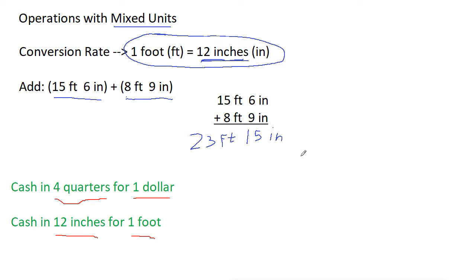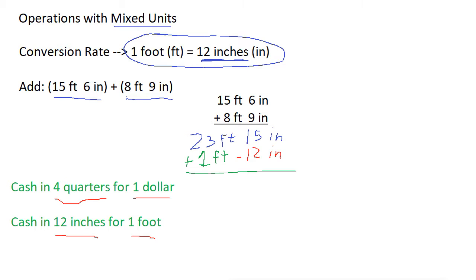So with my 15 inches, that's more than 12. It's 12 or more. So I can take away 12 inches, but at the same time, when I take away the 12 inches, I'm going to get a foot in exchange. I'm giving you 12 inches, but I'm getting a foot in exchange, just like if I give you 4 quarters, you would give me $1.